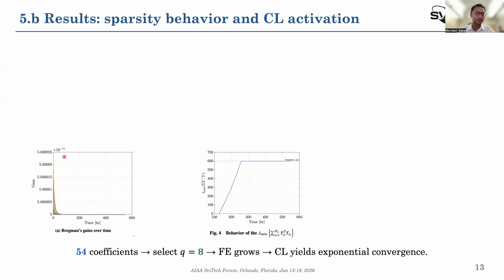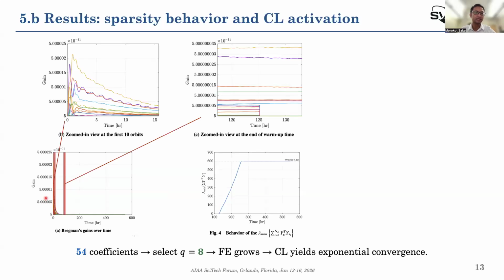I would like to zoom in a little bit on the Brakman gain. You can see that at the start of the simulation, it starts from some initial value and starts to adapt over the first 10 orbits, first becoming a large value, but then it converges to some stable value.